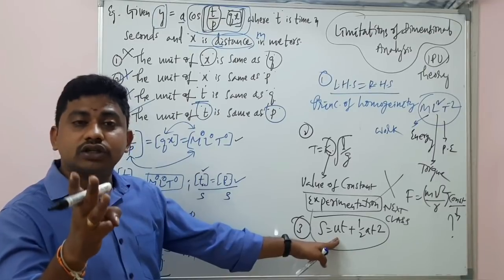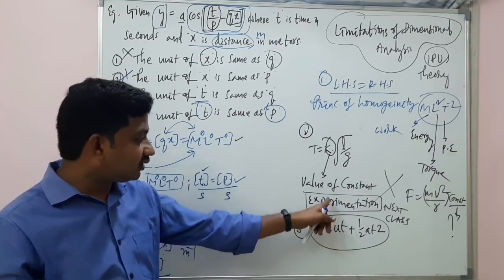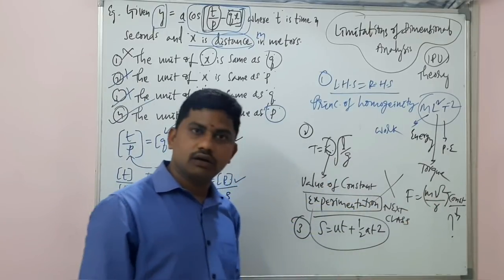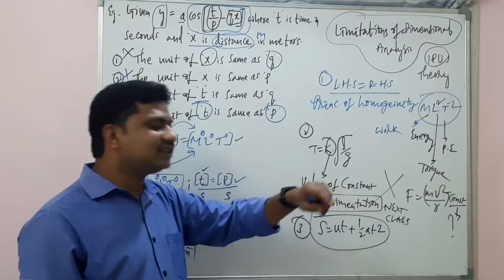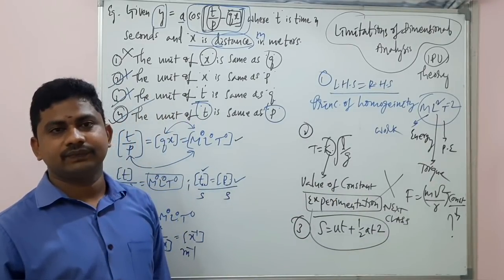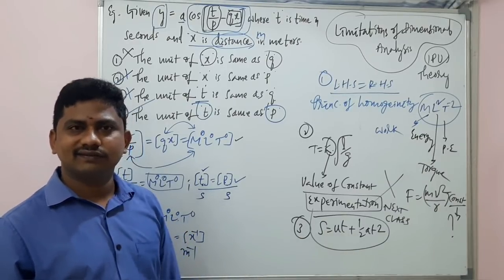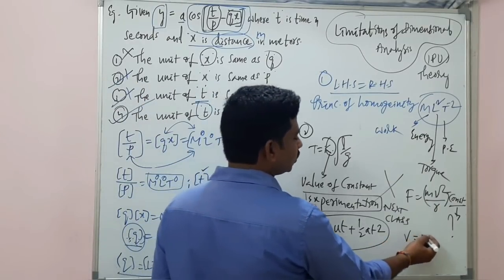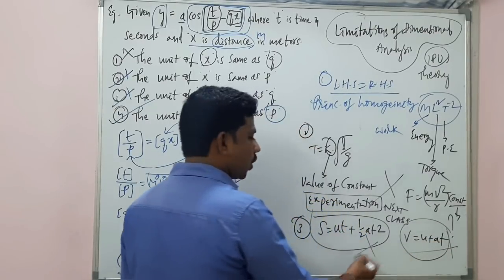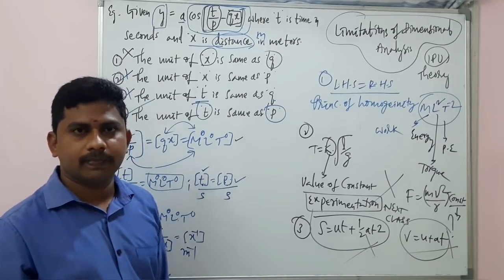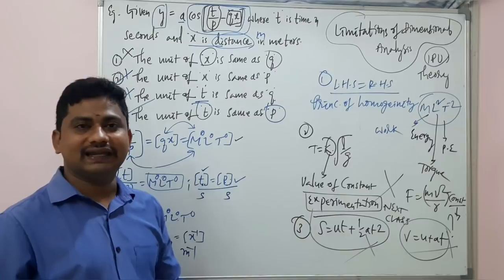Especially the third application called deducing the relation among physical quantities in this way? No, because there is addition involved here. Okay, it's impossible. You cannot do this. You cannot derive v is equal to u plus at by using dimensional analysis. Wrong. Okay, these are the limitations of dimensional analysis.